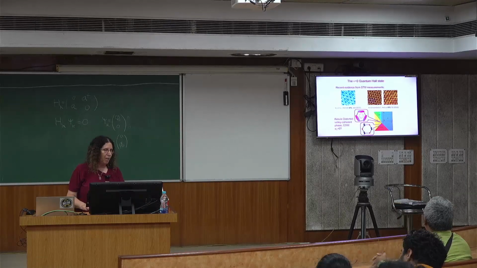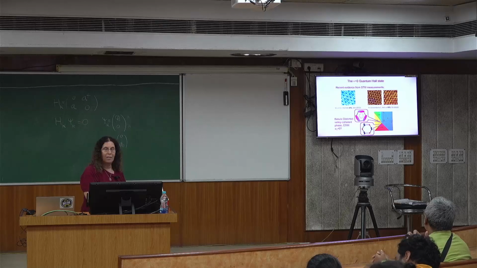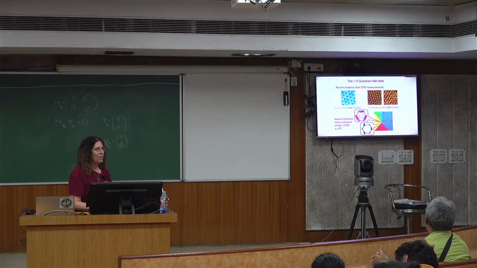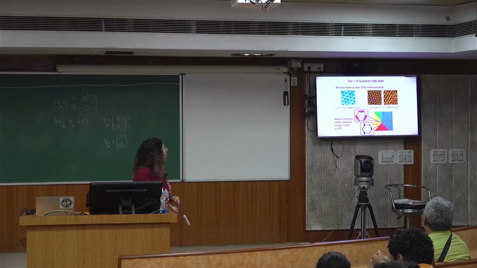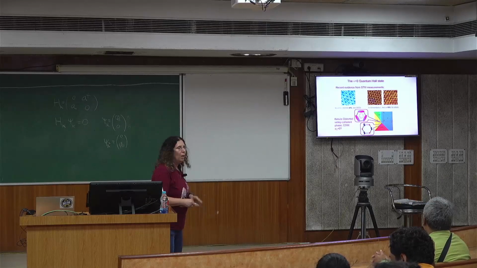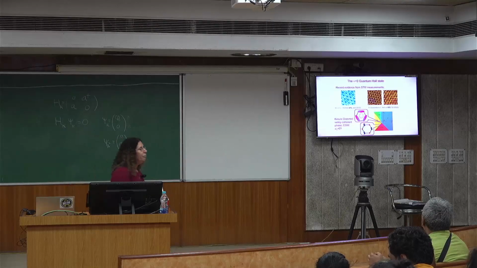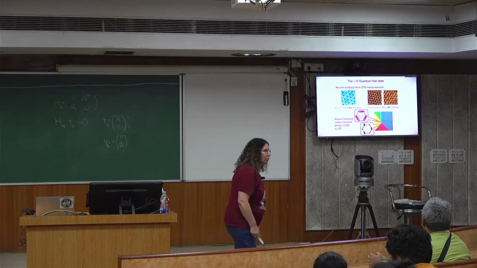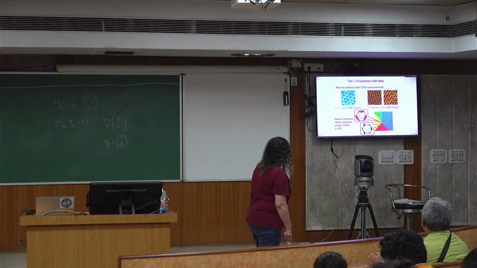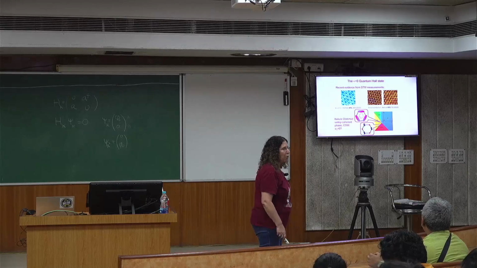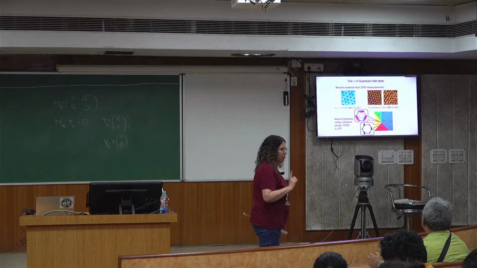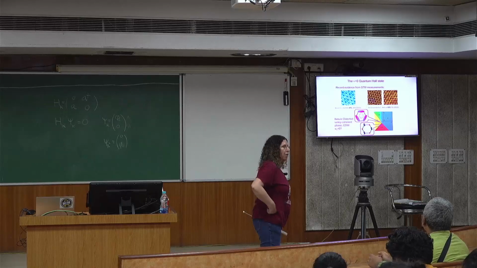However, this is very strange, because we know that the dominant interaction is repulsive. So how can it be? So I think of this as a Peierls distortion. It's kind of, but again, it's not a distortion of the lattice itself.